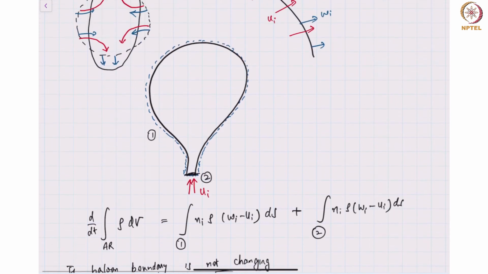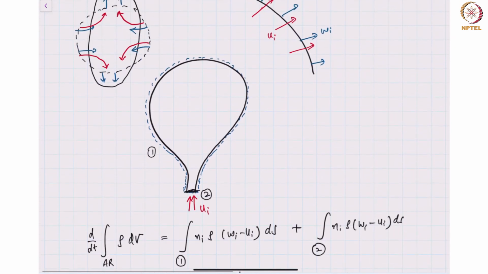Now another possibility, which I would like you to think about and work out yourself, is that the boundary 1 is actually expanding. When you pump air into the balloon, consider a situation where the density is not really changing. The density is constant, so it comes out, but the volume is changing with time, so the balloon is becoming bigger, and the left hand side is non-zero.